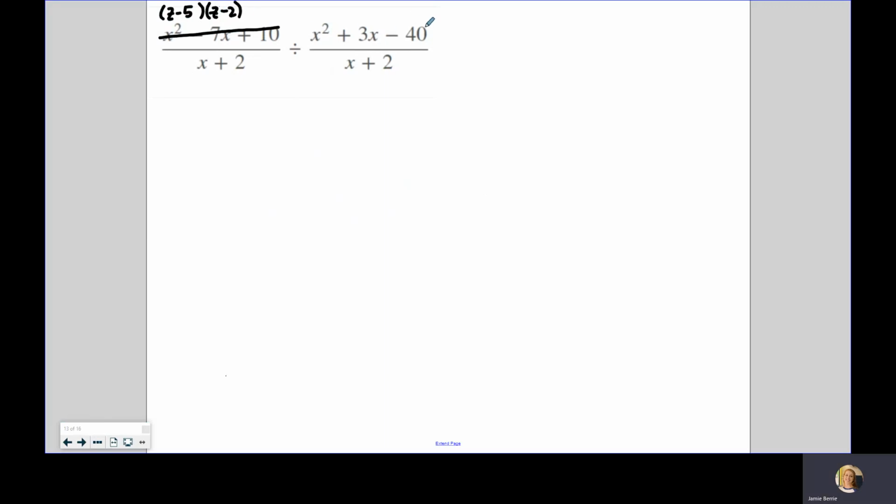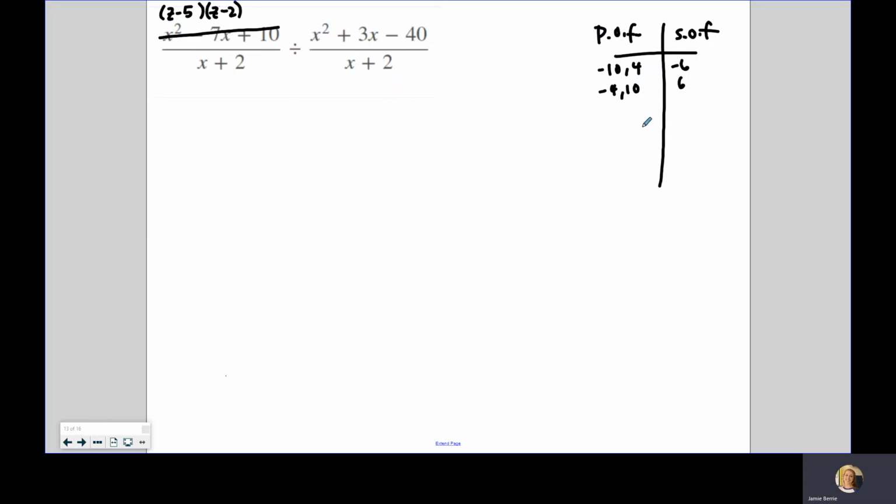All right, and then here, factors of negative 40 that add to 3. Let's think factors of 40 that add to 3. Let's make a little table for that one. Pairs of factors, sums of factors. So factors of negative 40: 10 and negative 4, negative 10 and 4. That's not going to work, because that gives you negative 6 and positive 6.